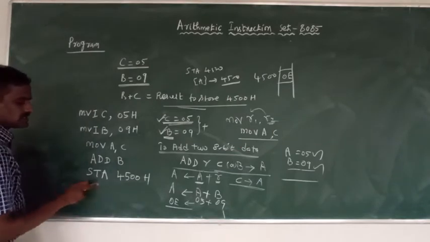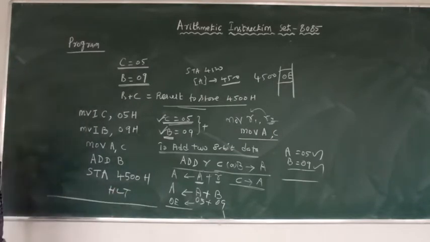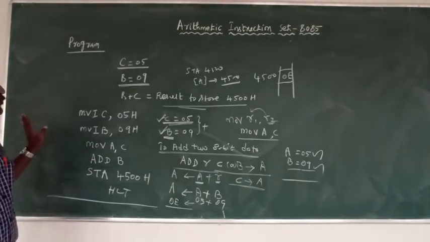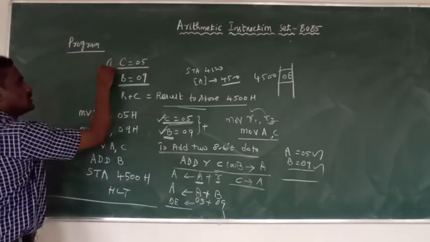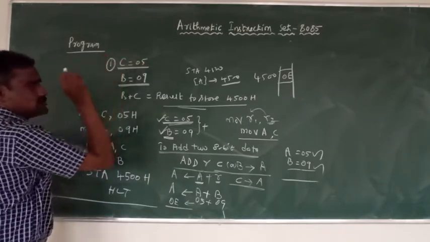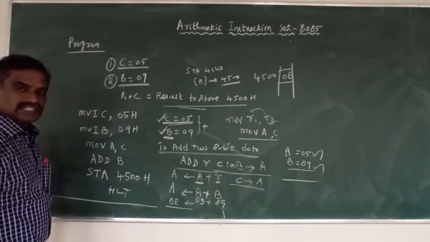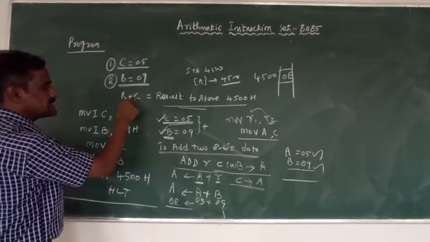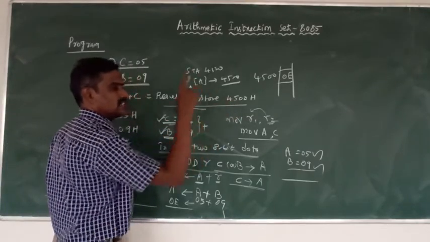Okay, this is the operation and altogether the instructions. This is the program for the given logic. First, data 1 is moved to C register and the second data is initialized in B register. Now to add B and C register data, the result is stored at 4500 address.